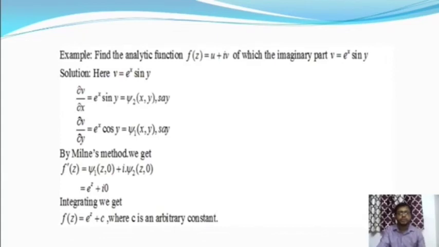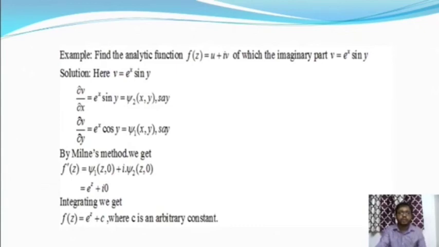Here x is equal to z and y is equal to 0. So this is the formula of the Milne-Thomson method.